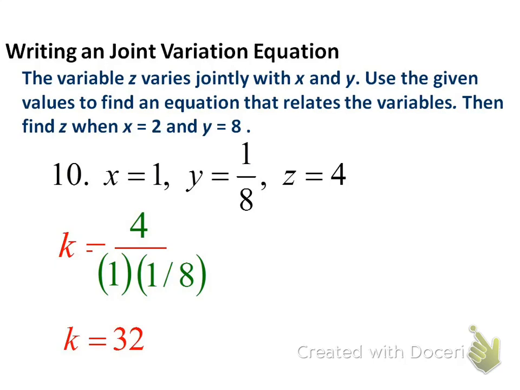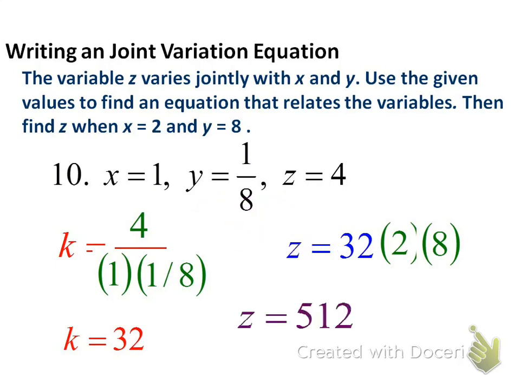Now you go to the other joint equation where the z's by itself. You'll change the k to the 32, and then you go back to the directions for the x and y. So I'm going to change x to 2, y to an 8. Find your z. z is a big one in this one, 512.